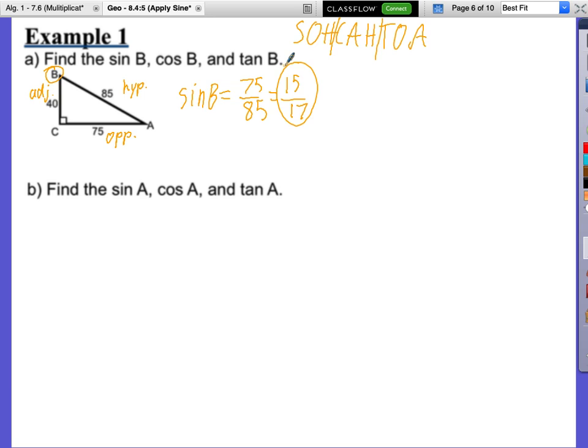And actually, I want you to go ahead and do all of the rest of A, and then move on to do letter B as well. And when you're done with all of the remaining 5, I want you to raise your hand. Or if you have questions, raise your hand.